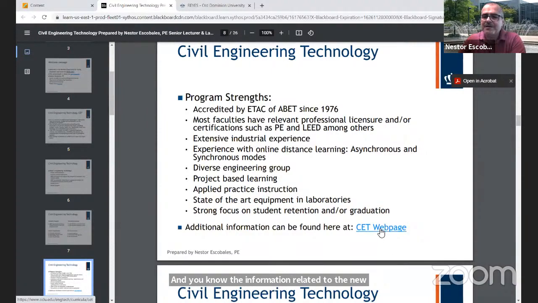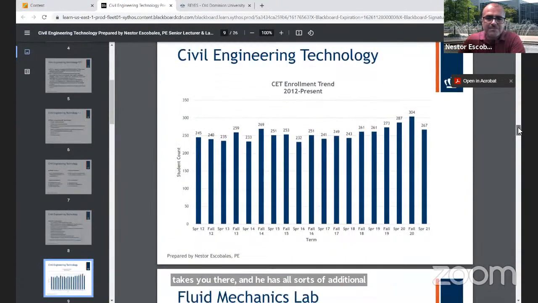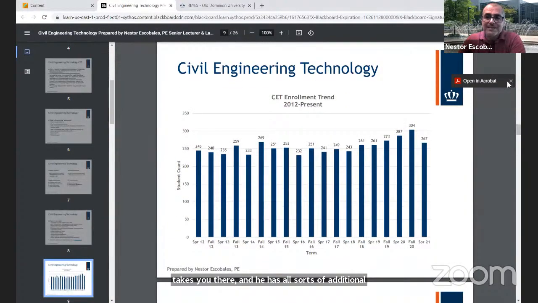Any other information related to civil engineering technology, there's a web page. If you click in here, it takes you there, and it has all sorts of additional details about civil engineering technology. This is just to let you know how many students we have in here. Oh, and I forgot to mention that engineering technology is the largest undergraduate department in the College of Engineering.